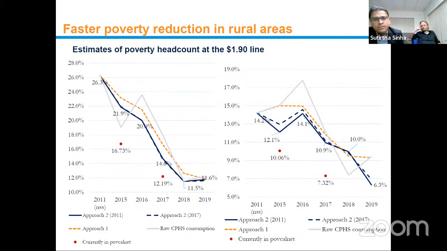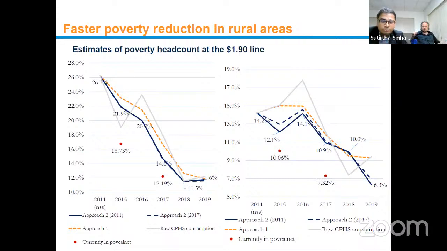So coming to rural and urban splits, the first thing to note is that the poverty reduction has been more in rural areas than in urban areas. That is maybe to be expected because rural areas were starting with much higher levels of poverty headcount in 2011. And all three approaches are again yielding estimates that are not very far from each other. So that's reassuring. There are two particular periods that I'll talk about in a bit.